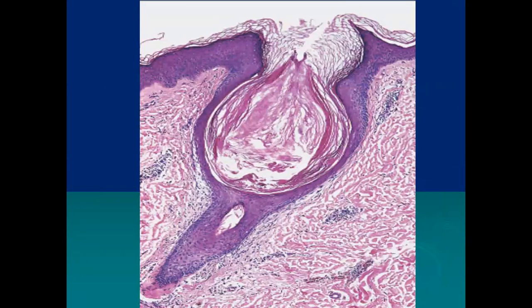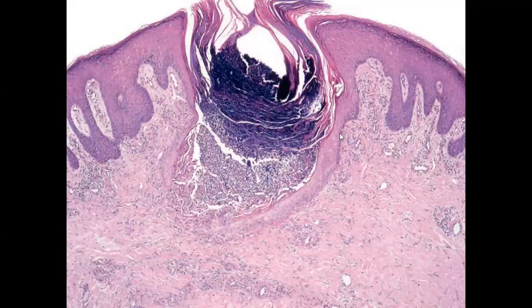This is a big follicular plug seen in one of the large hair follicles and is a typical feature of keratosis pilaris. There is no other finding except this follicular plug. Then you can see this appearance in which there is a big follicular plug comprising some necrotic debris, and the follicle beneath is also showing some damage.